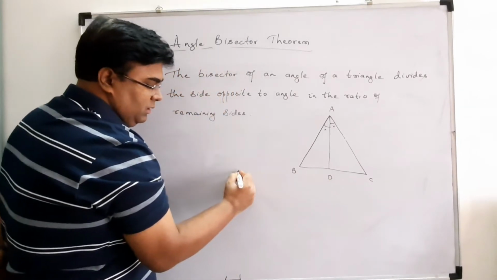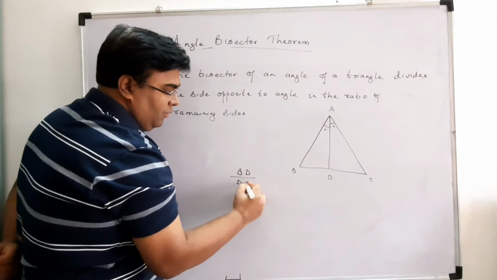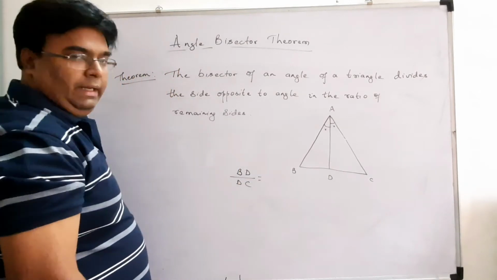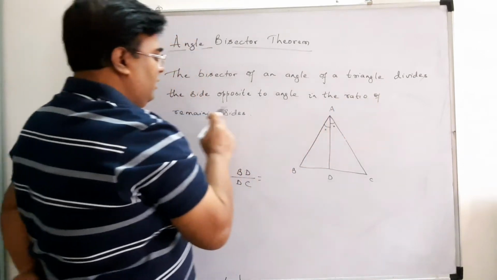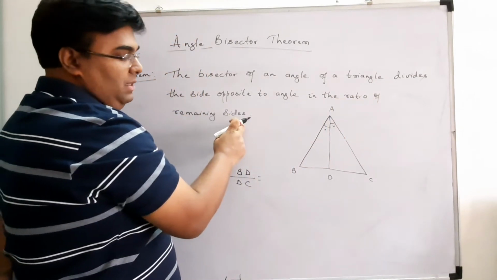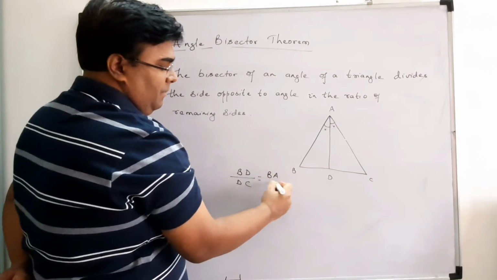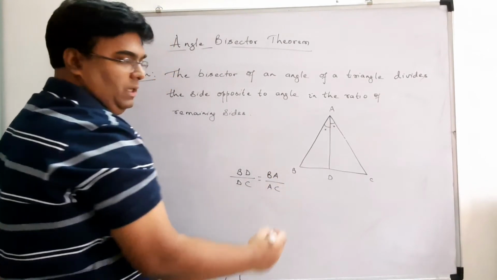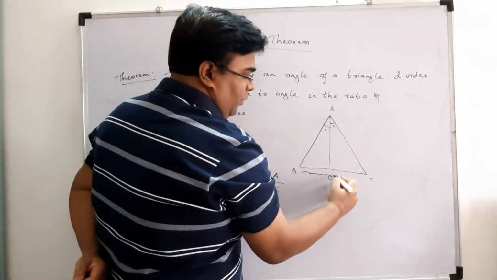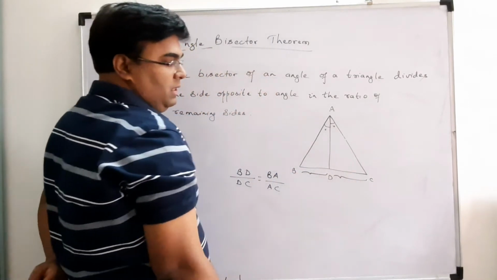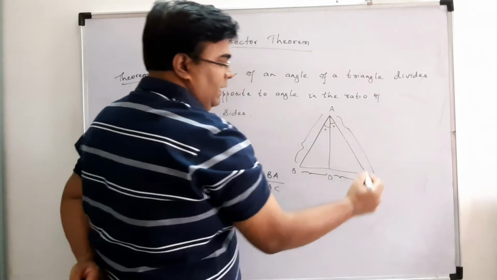So this statement can be written as BD upon DC in the ratio of remaining sides, which means BD upon DC is equal to BA upon AC.